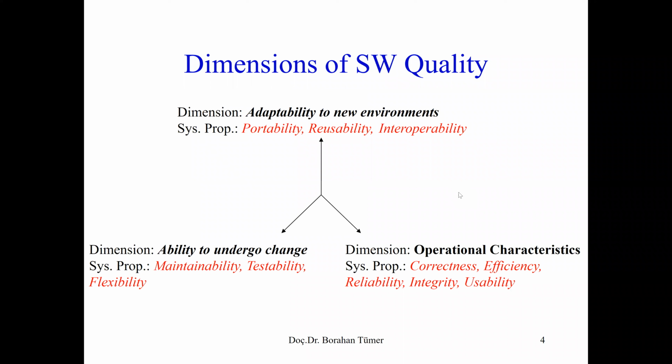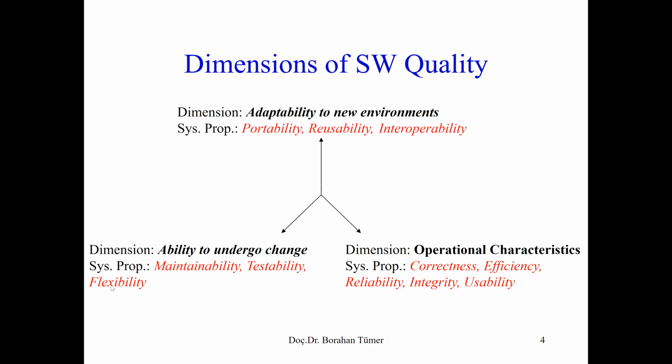These dimensions are contributed to the software product by the corresponding system properties. For example, the quality of the software product from the viewpoint of adaptability to new environments is assessed by its portability, reusability, and interoperability. So these three system properties are directly related to the adaptability to new environments.